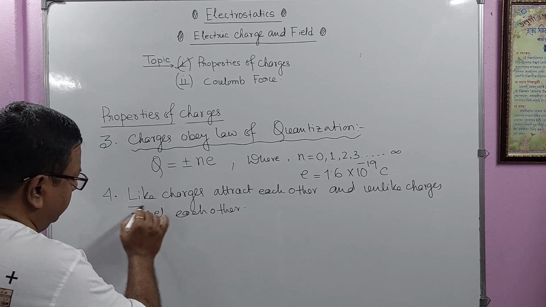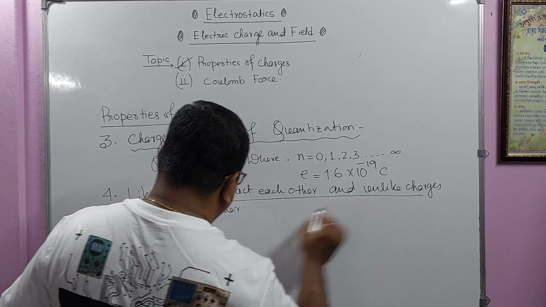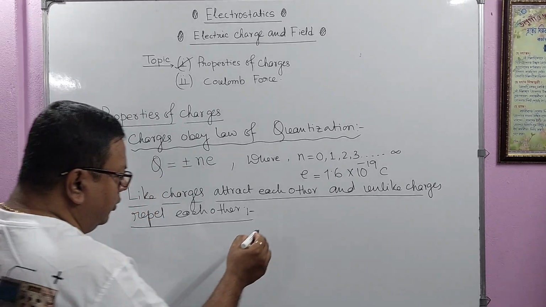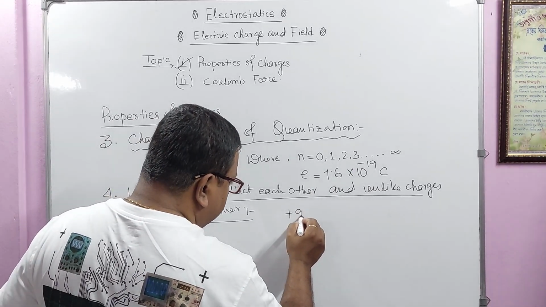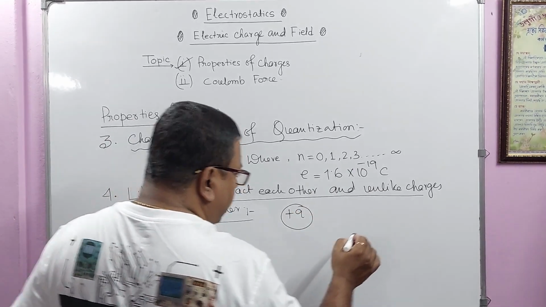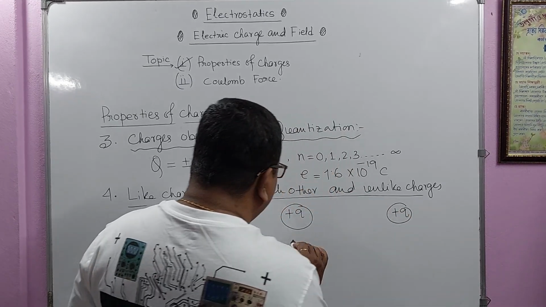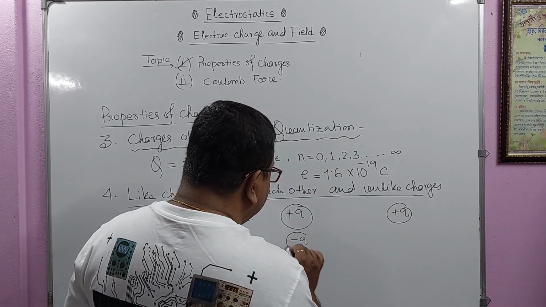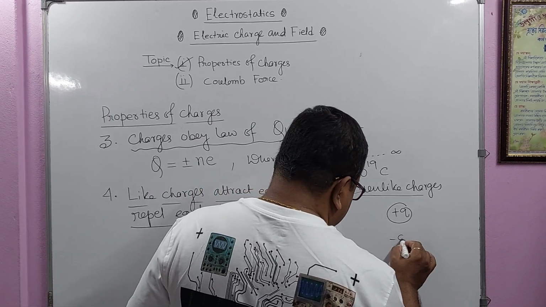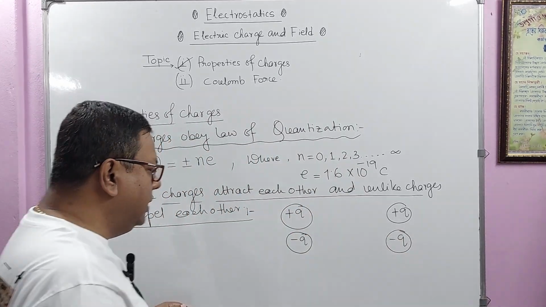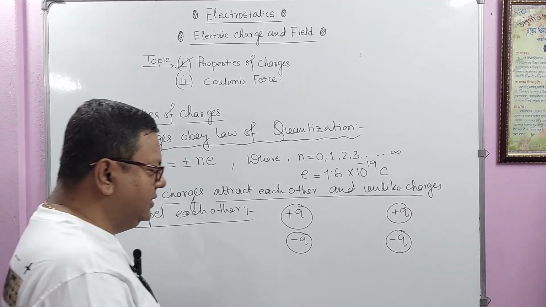Okay. Suppose we are considering one positive charge plus Q and another positive charge plus Q, a negative charge minus Q and another negative charge minus Q. These are examples of like charges.